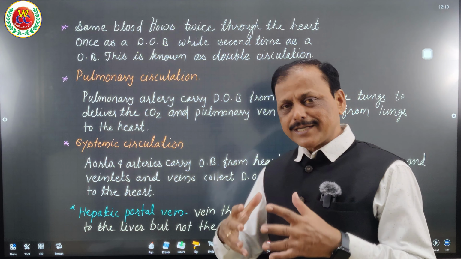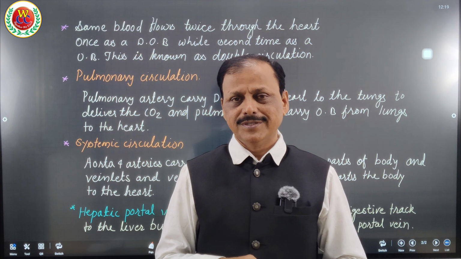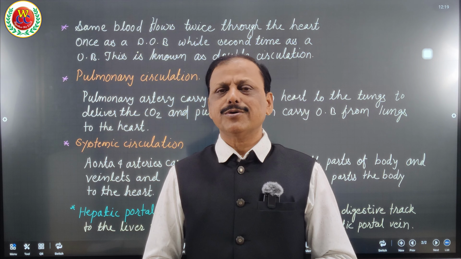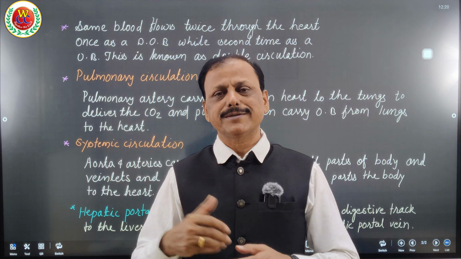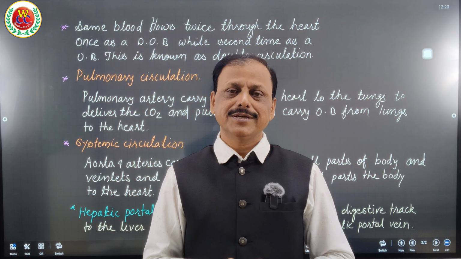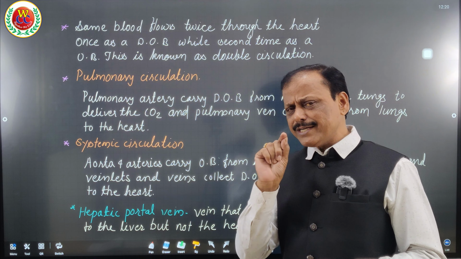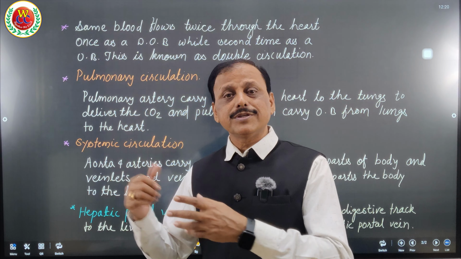In addition to this double circulation, there is one circulation that is an exception, called the portal vein. Instead of carrying blood from different body parts to the heart, it carries blood from one part to another part, hence it is called portal. For example, the hepatic portal vein carries deoxygenated blood from the digestive system to the liver.